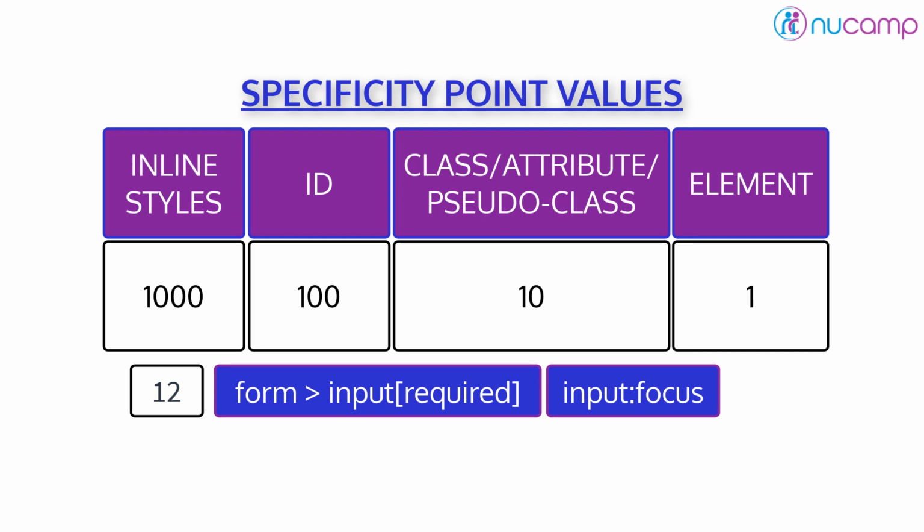The second selector, input:focus, has an element, input, so that's 1 point. And focus is a pseudo-class for 10 points. That means this has 11 points, giving it a lower specificity than the first selector. Knowing even a little about how specificity and selectors work in this way will be very helpful to you in your journey of learning CSS.